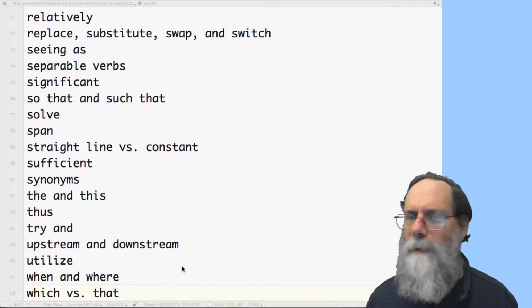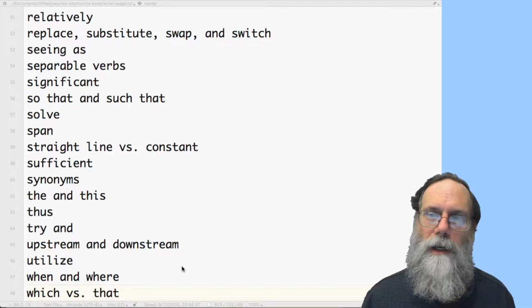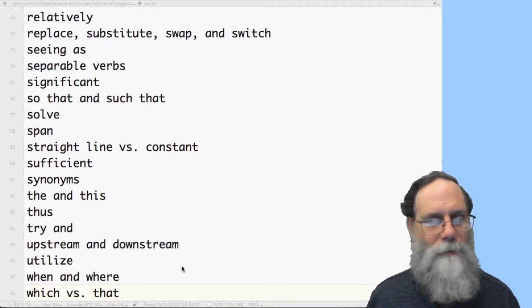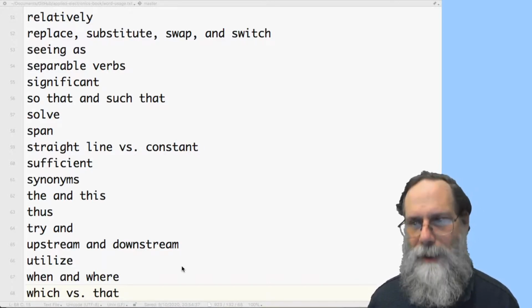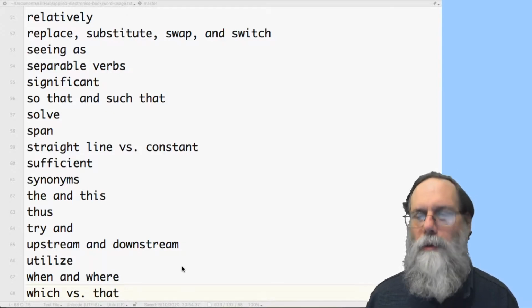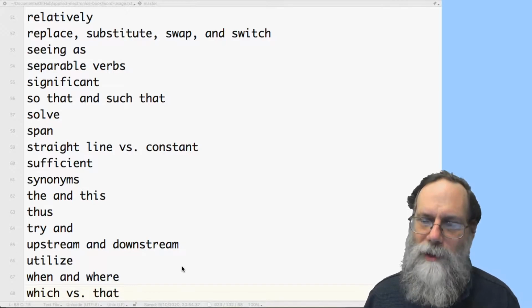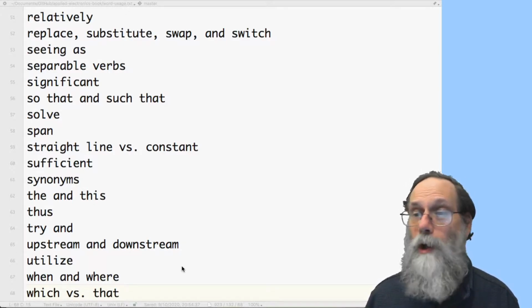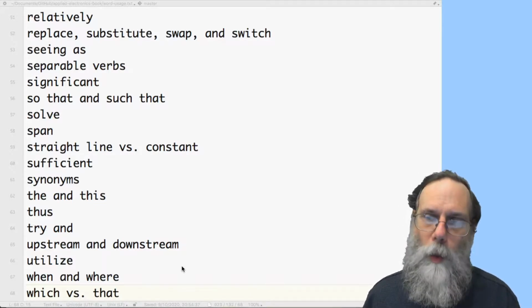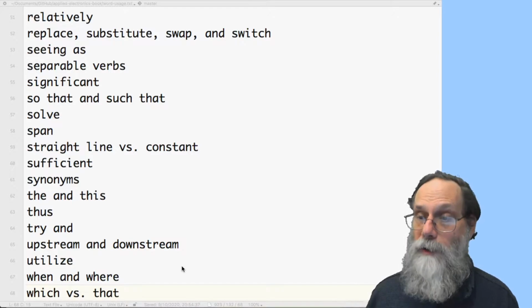Okay, let's get down to the last thing here. "Which" versus "that." In colloquial English, it's perfectly normal to use "which" for lots of different things. In formal written English, which is what we're doing in technical writing, there is a distinction between "which" and "that," which is no longer made much in spoken English. "Which" is used when we have something that is non-restrictive.